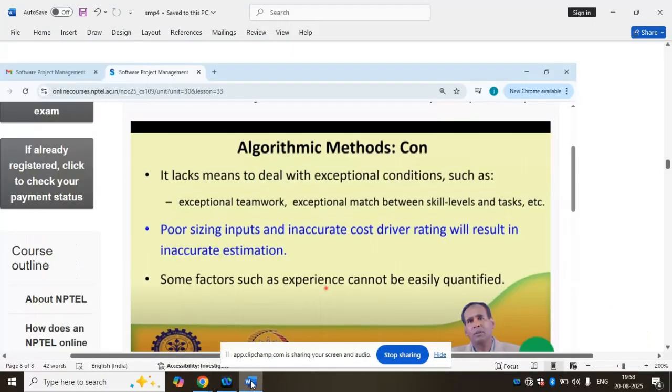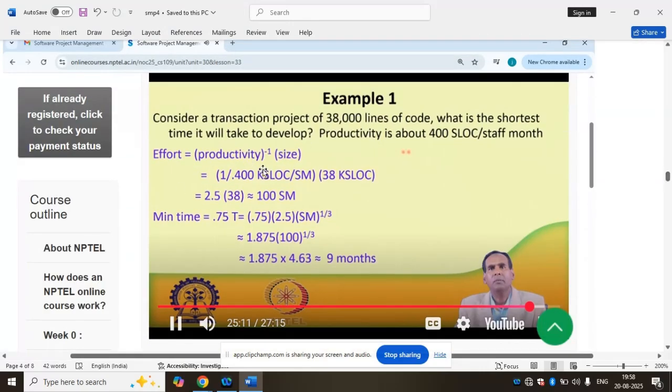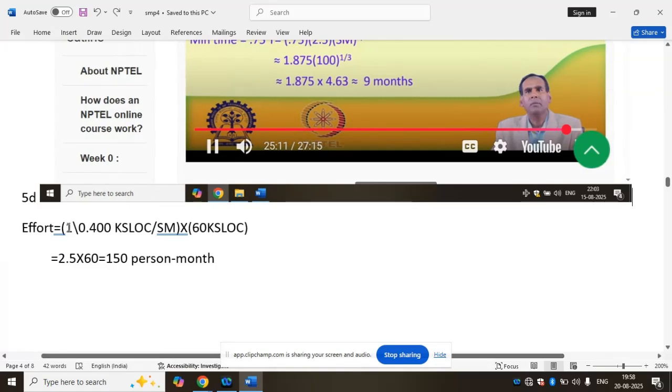So for this, what we'll do, go to our example they given how to calculate. So effort, in this particular problem they ask what is effort, not minimum time. So it is inverse of productivity multiplied by this size. So in our problem, we'll come to our case. So here effort is equal to 1 divided by 0.400, here we are taking it as kilo SLOC per staff month, into 60,000.